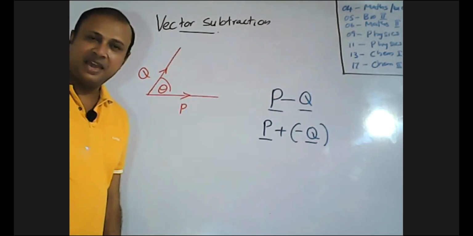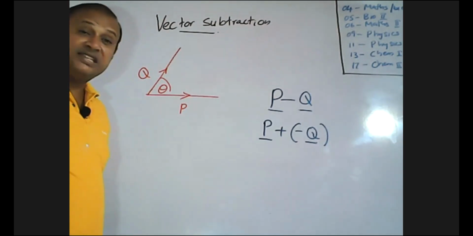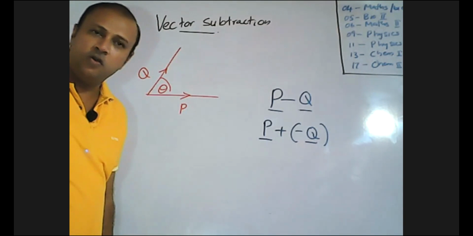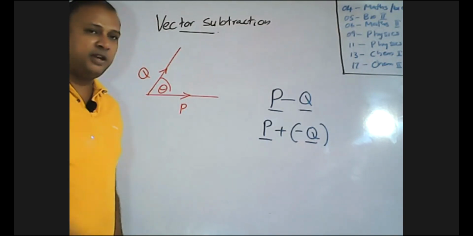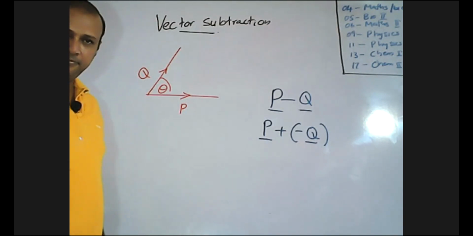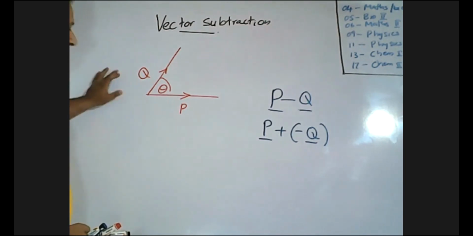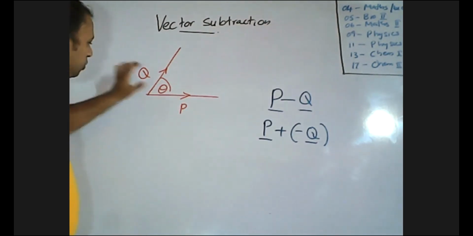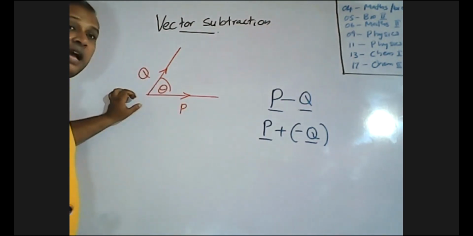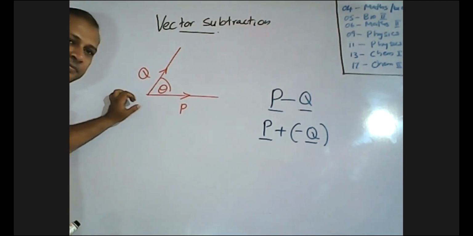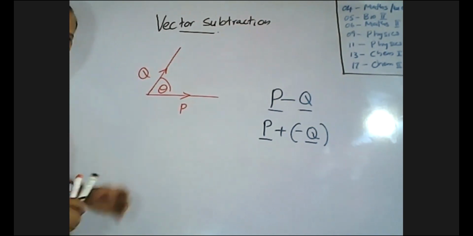Then, how to construct the minus Q vector? I have to add minus Q to P. So, how to create a minus Q vector? Give me the answer quickly.